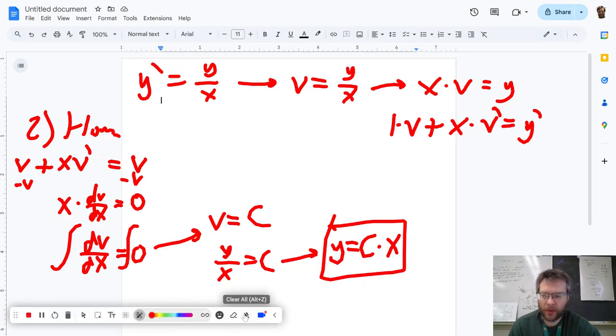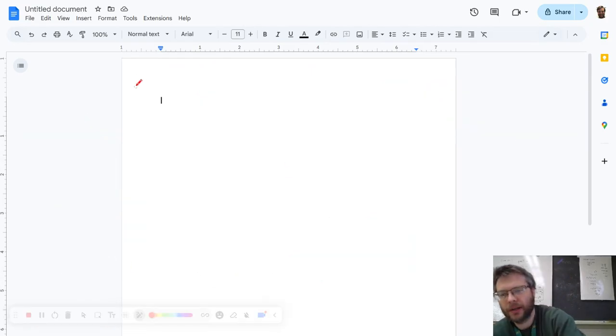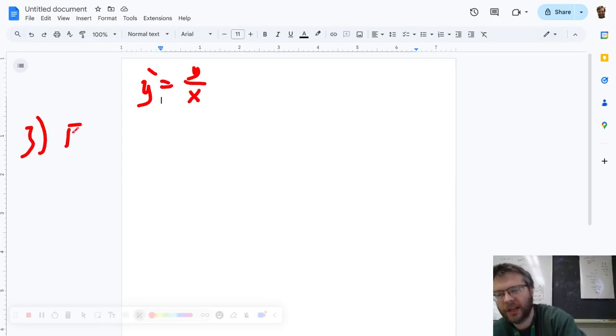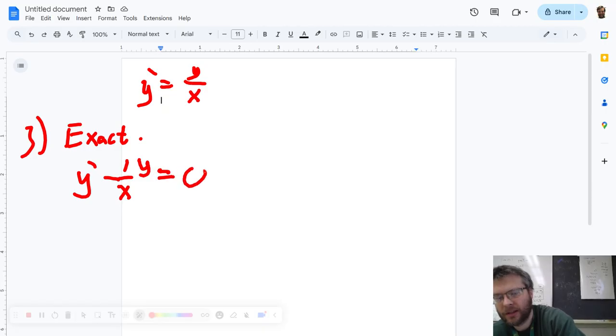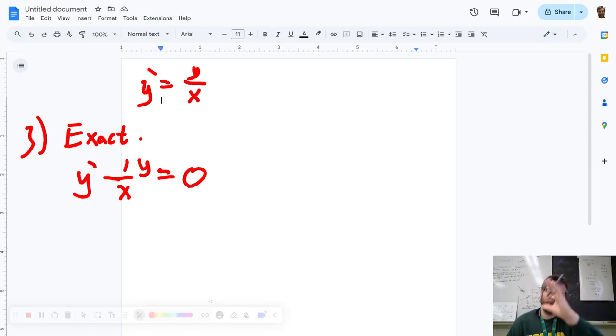The third way that we have solved differential equations is with an integrating factor, where we are doing an exact differential equation. If we want to make it into our exact form, we want y prime plus a function of x times y equals some other function of x. So I've got y prime minus, I moved that over, minus 1 over x times y equals 0.